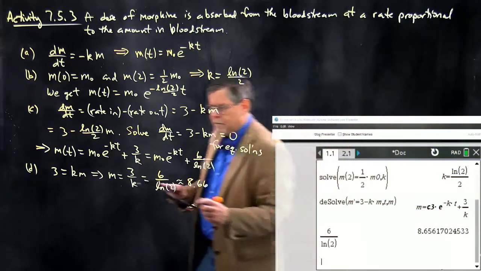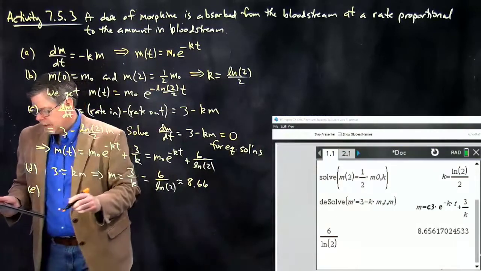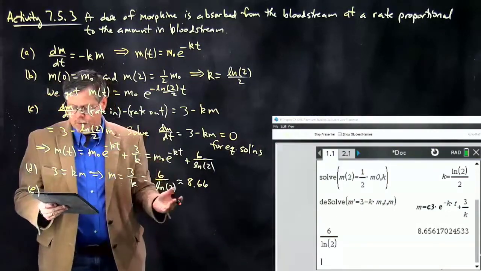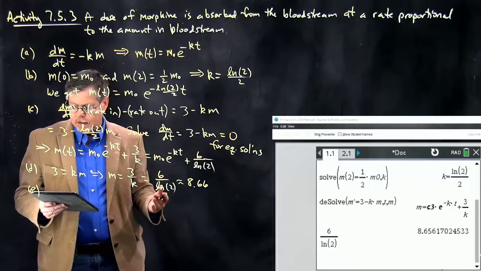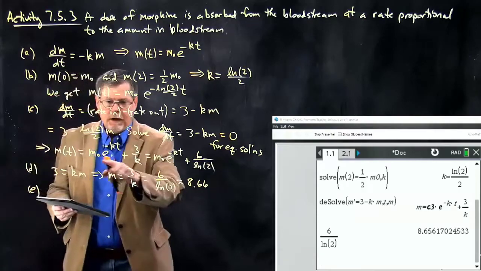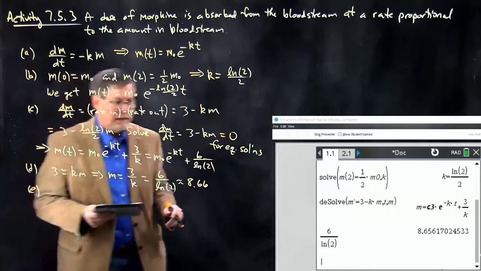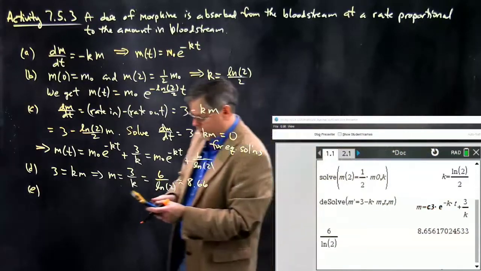Okay, part E says, assuming that there is initially no morphine in the patient's bloodstream, solve the initial value problem to determine M of T. What happens to M of T after a very long time? So we want to find out what our M sub 0 is here. Let me define that.